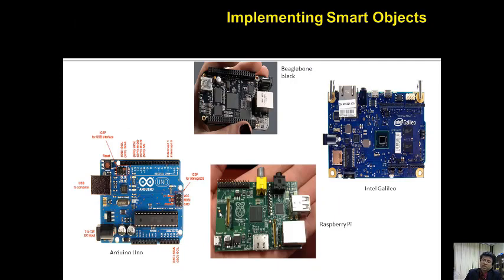How do we implement a thing? There are many different types of microcomputers available to implement smart objects. We will look later on at how we implement a smart thing: Arduino Uno, Raspberry Pi, BeagleBone Black, or an Intel Galileo.